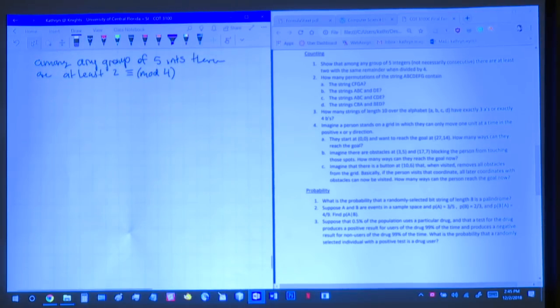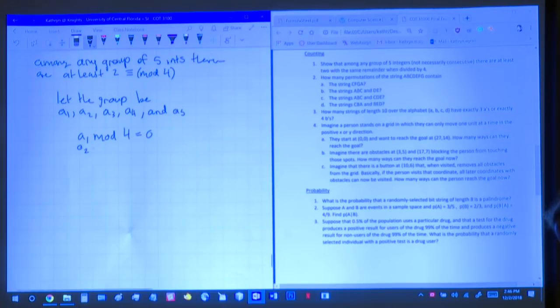This one is like the pigeonhole principle, and I don't remember Professor Guha going over it super in depth, but let's say we let the group be A1, A2, A3, A4, and A5. And then we also let A1 mod 4 equal 0.